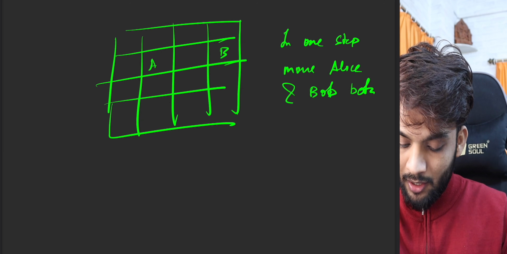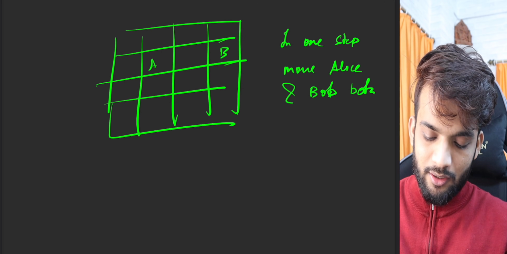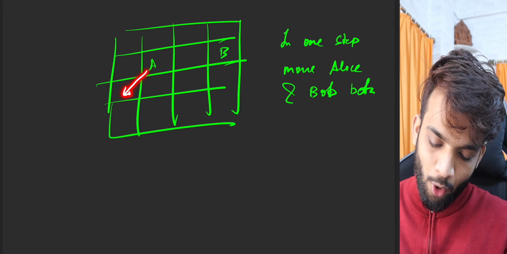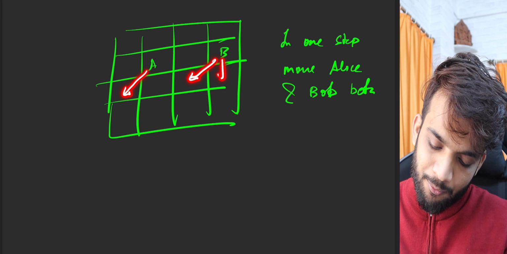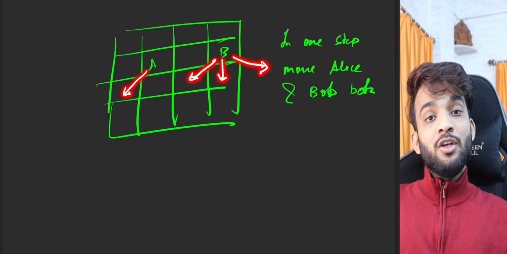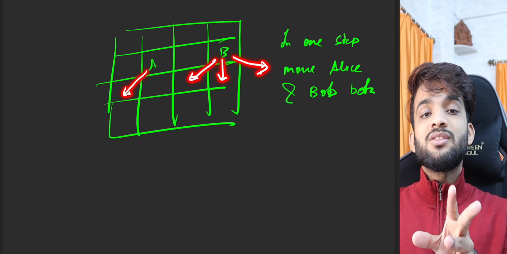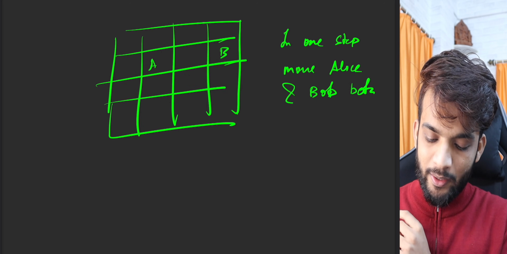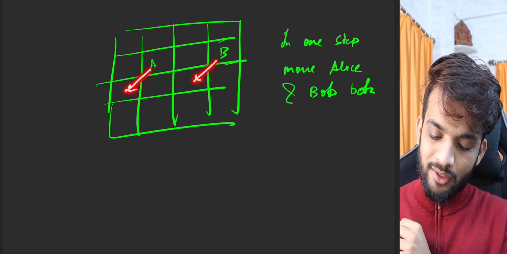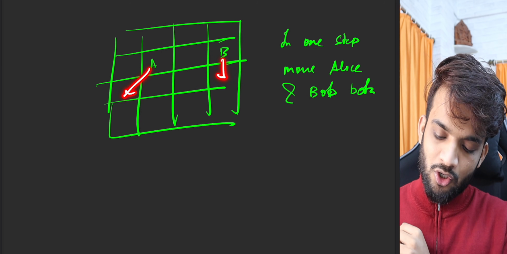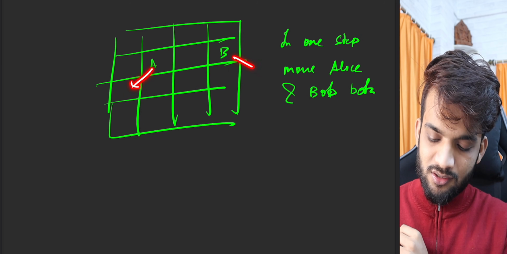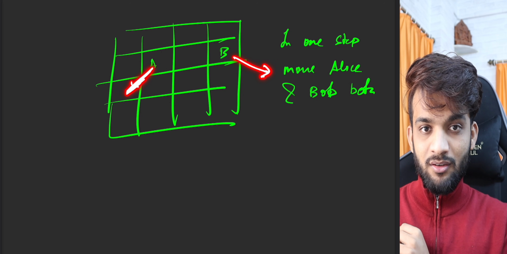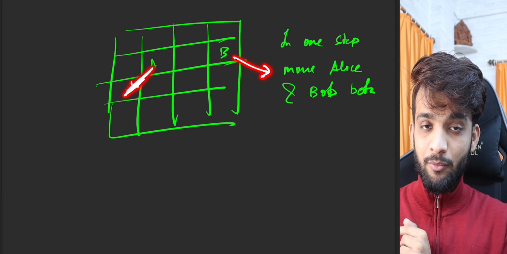That is very important. So how do you make sure in one step they move Alice and Bob simultaneously? Now you'll be like, okay, Striver, Alice can move here. And when Alice can move here, Bob can either move here, or here, or here. So for one movement of Alice, Bob can move in any of the other movements. For one left movement, Bob can have three different movements.